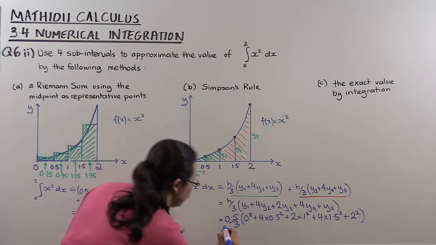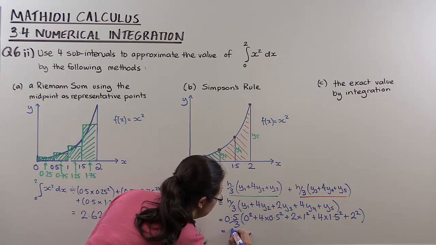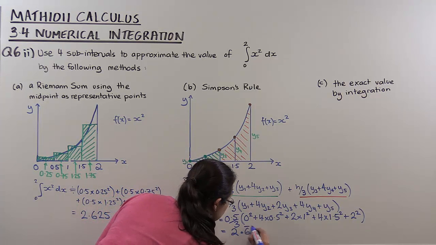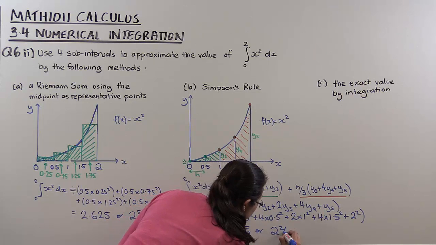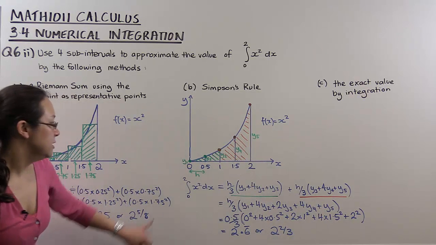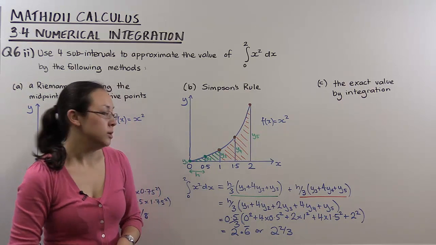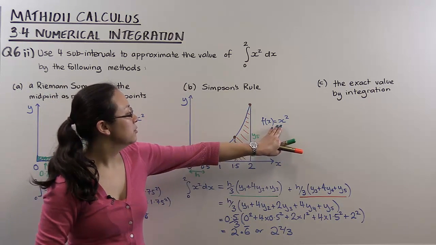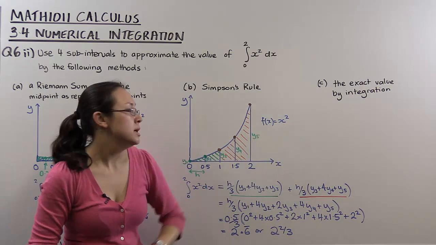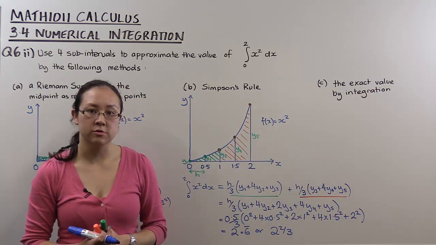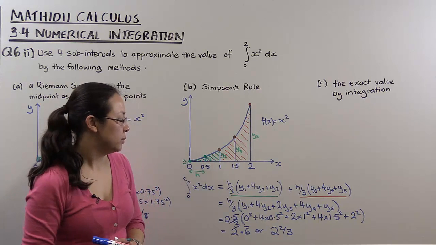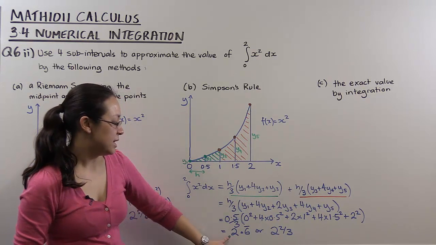So that ends up being 2.6 recurring, or 2 2/3 for the definite integral here. So usually Simpson's rule would be an approximation because usually we would be using it for functions that aren't parabolas. But if we do apply Simpson's rule to a function that is a parabola, we will certainly get an exact area.